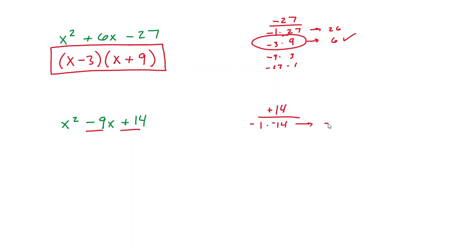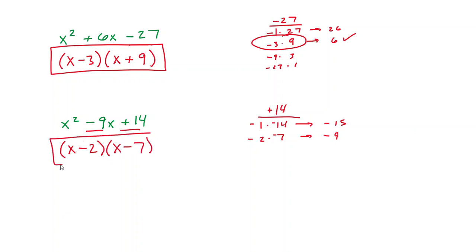Adding those up, I get negative 15. Or I could just dispense with the negatives and just do positive numbers. 2 times 7, 2 plus 7 is 9. And then recognize that negative 2 times negative 7 is positive 14, and adds together to be negative 9. So whatever I'm most comfortable with in doing the math.